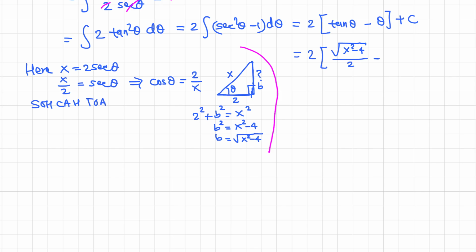Theta we can write in terms of an inverse trig function. From cosine theta equals 2 over x, theta is just arc cosine, cosine inverse of 2 over x. We could have gone from secant as well, but this is better in terms of cosine. So theta is cosine inverse of 2 over x, plus c. So this is the final answer.